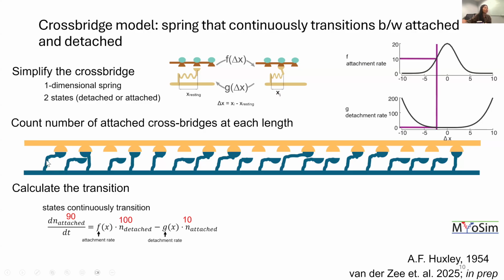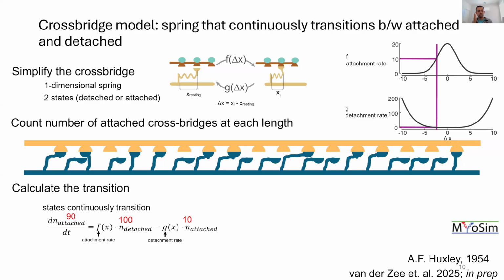So we will discretize the length. So this one will be at length 5 and this one is at length 0. And we count 1 and 1 here. And then look at the whole distribution, the overall distribution of the bound cross-bridges. Did that help? Yeah, I think so.